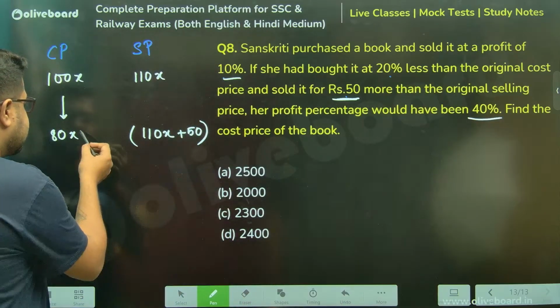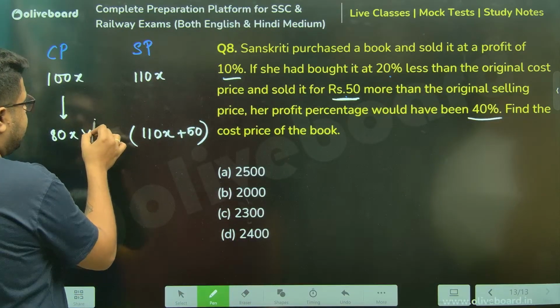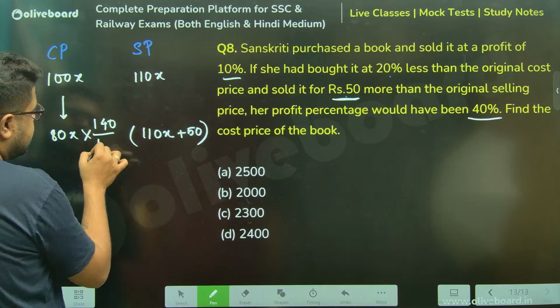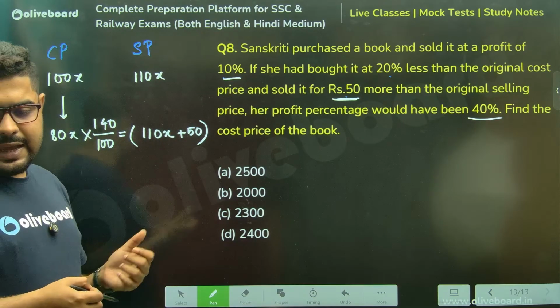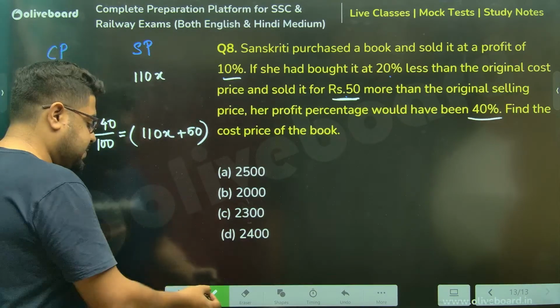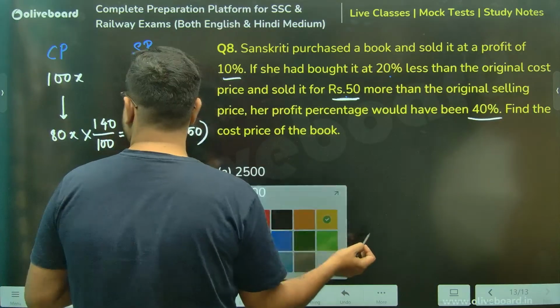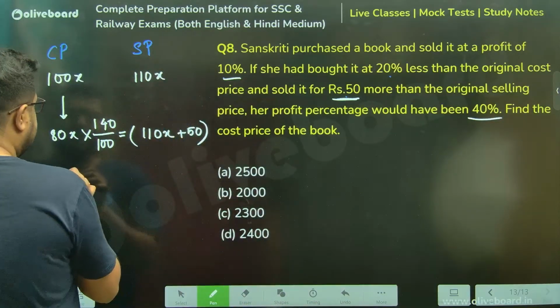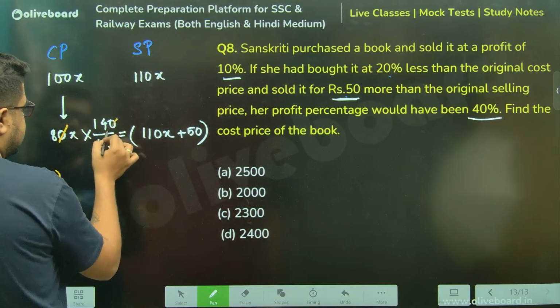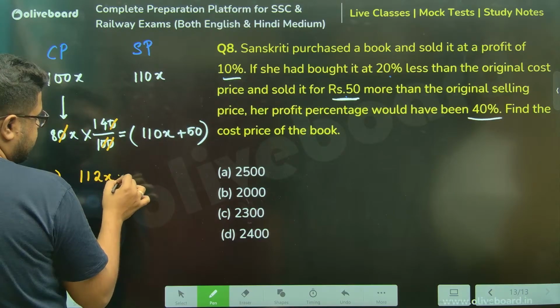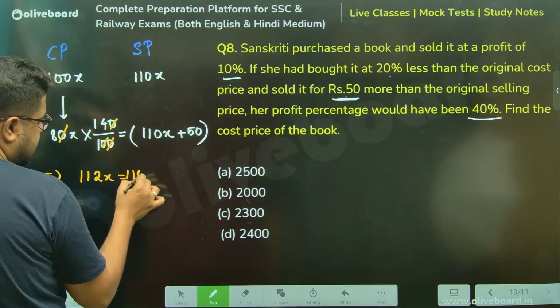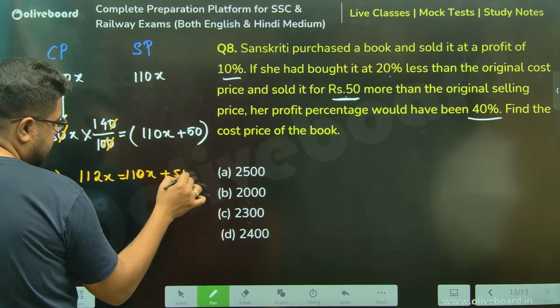40% profit meaning 140 by 100. This is your equation. SP equal to SP. Right, everyone? So now this is 112x. 112x is equal to 110x plus 50.